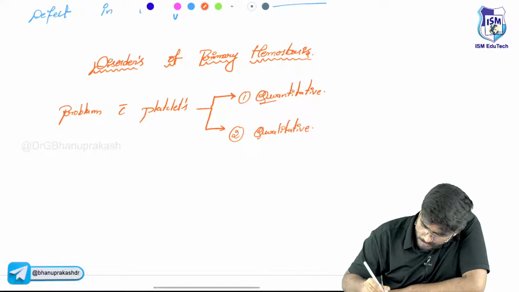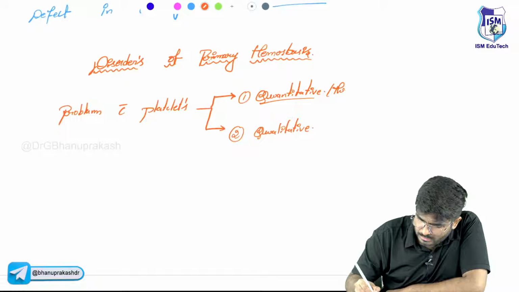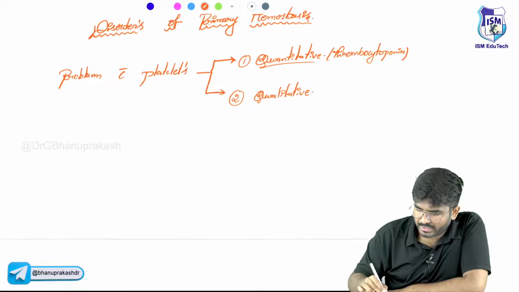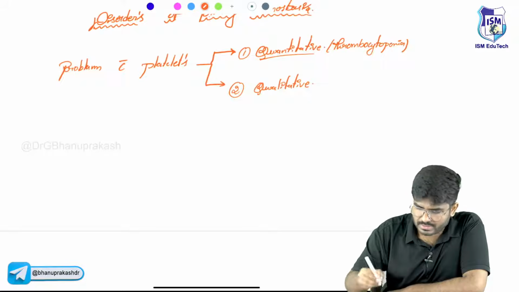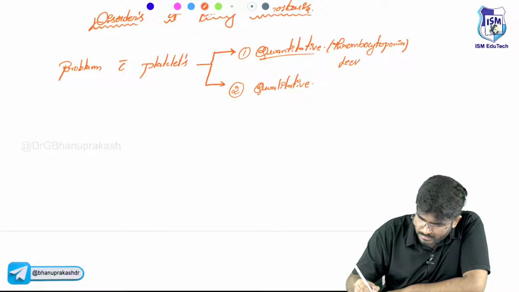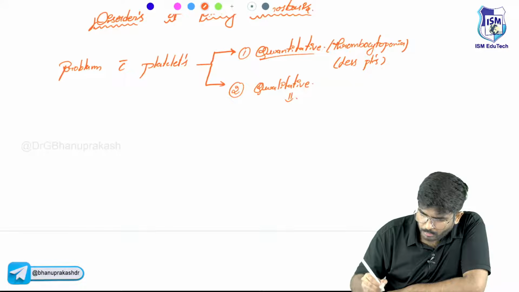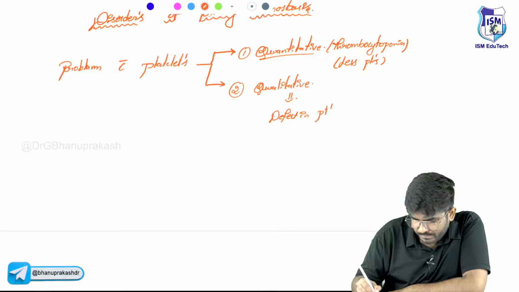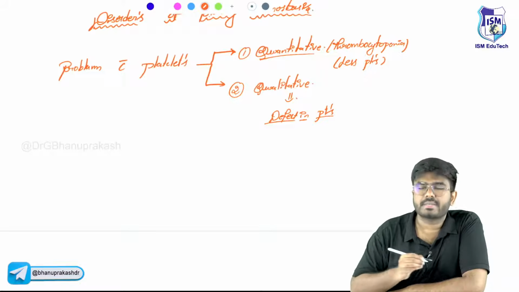For example, a quantitative problem is thrombocytopenia, which means fewer platelets. Now, what's the qualitative problem? It means a defect in the platelets.